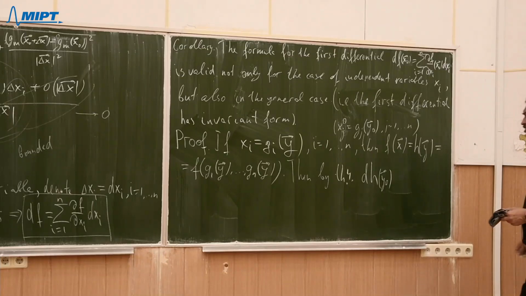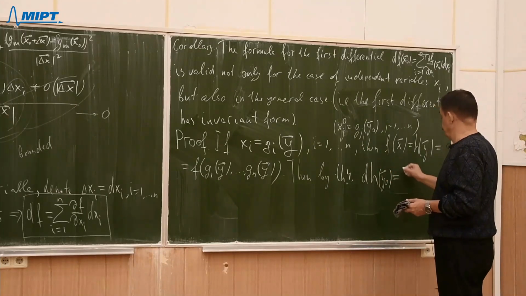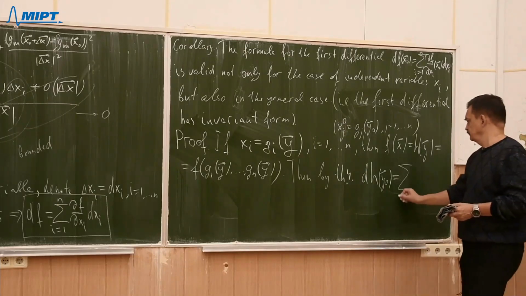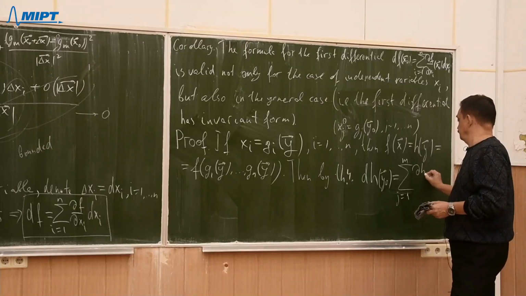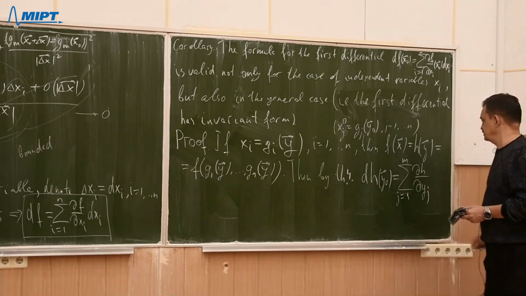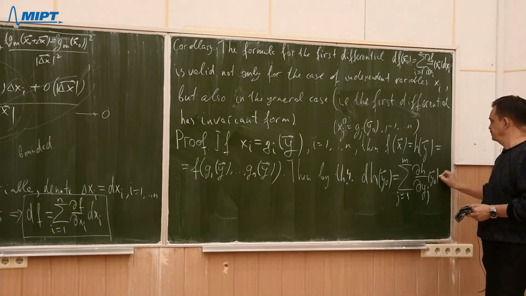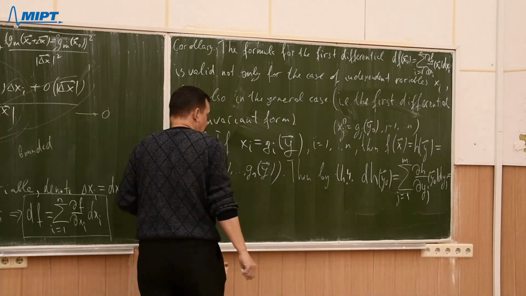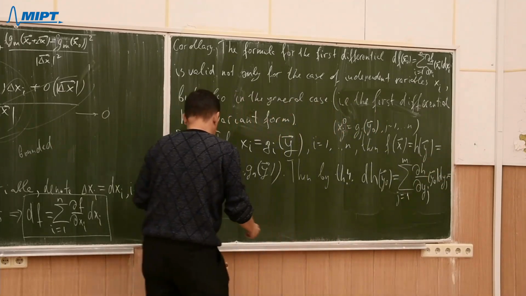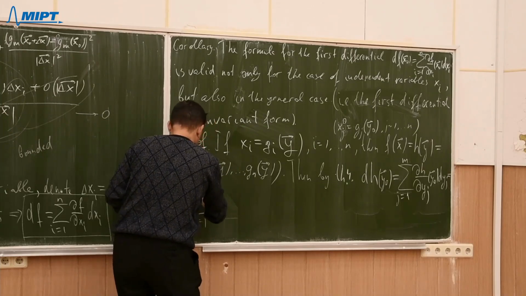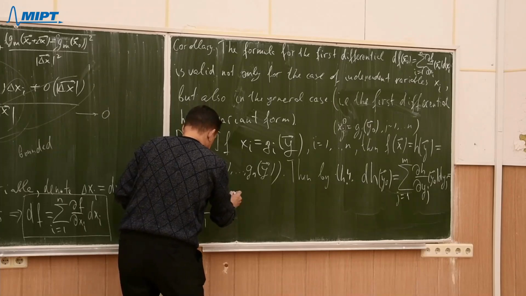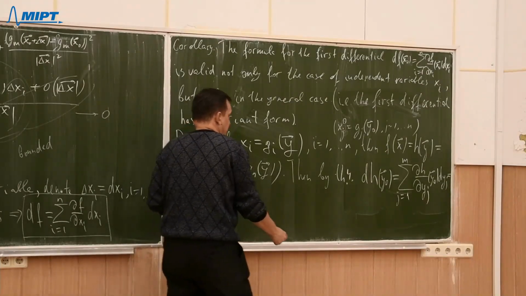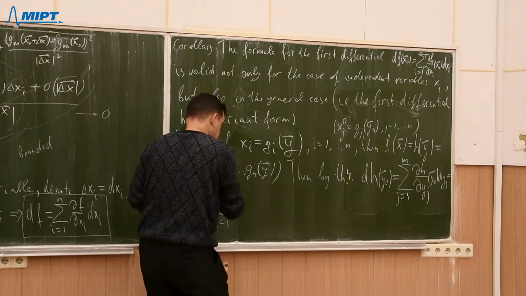By the definition of differential, it can be written as the sum, j from 1 up to m, of the partial derivative of h with respect to yj at y naught times dyj. But by theorem 4, we know those partial derivatives can be written as, okay, here I should change the sense of indices. So now i from 1 up to n, I differentiate. The function h is f of g, so that is the only thing which is the same.